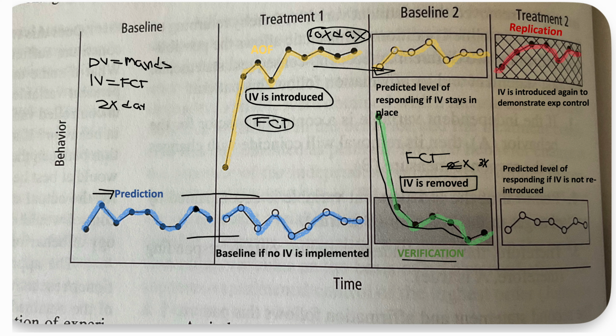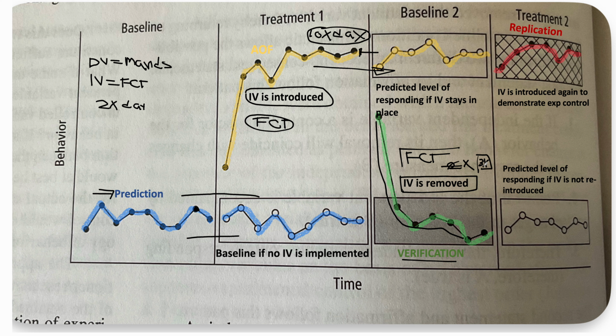And the open data points are just predicted levels of responding based on the previous condition. Okay, so we're here. We verified with the parent, hey, I did what you wanted. I removed my intervention and we are back to 3 times per day.